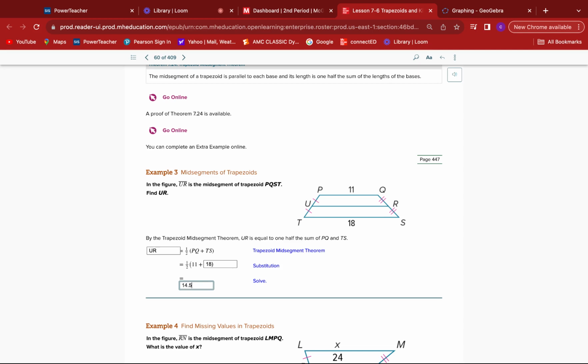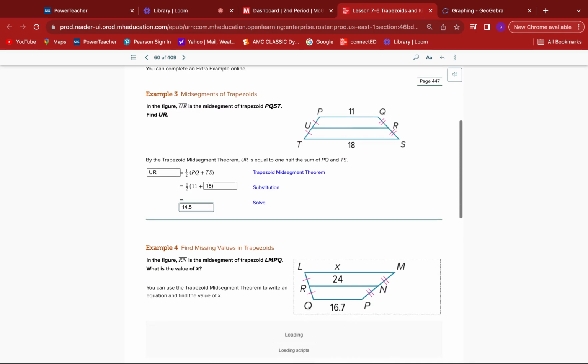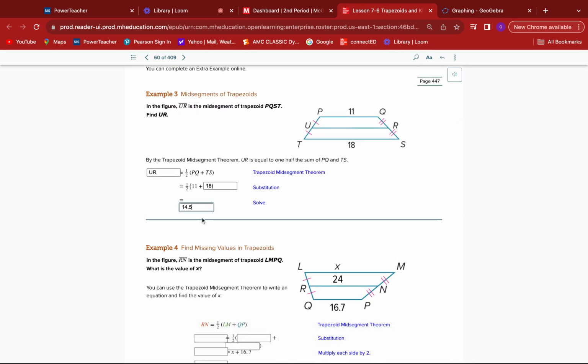And if you're a teacher and your students ask, can I get a decimal? Well, yeah, you can definitely get a decimal on this because 11 plus 18 is an odd number, 29. So when you take an odd number and divide by 2, you're not going to get a nice whole number. You're going to get a decimal. All right, so there's your answer. 14.5 is the distance from U to R.